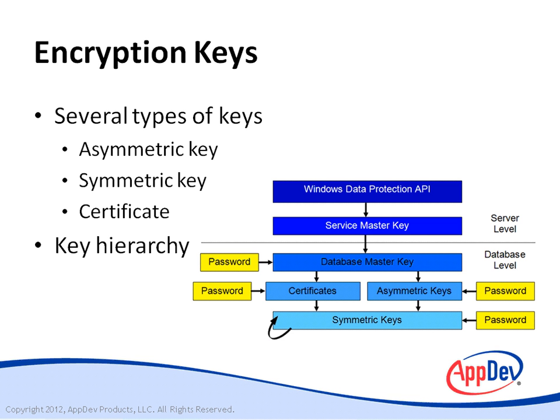And then you can use that database master key to protect certificates, asymmetric keys, and then you can create symmetric keys that are in turn protected by either certificates or asymmetric keys, or by another symmetric key, as indicated by that little looping back arrow in the lower left part of the image. For all of these keys within the database, you can also protect the keys using a password. And I'll talk a little bit more about taking responsibility for protecting the keys yourself.